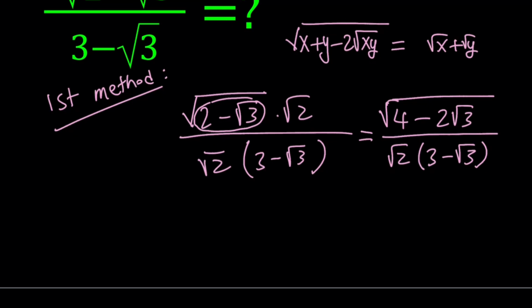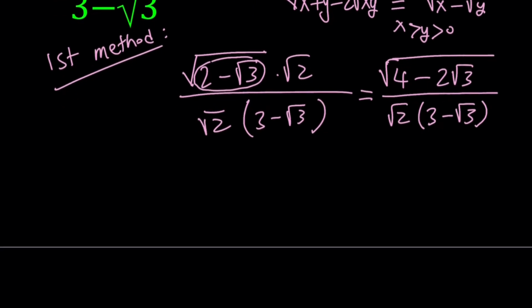So if x is greater than y and they're both positive, then this identity holds. In other words, we can write the square root of 4 minus 2 root 3 as square root of 3 minus square root of 1.